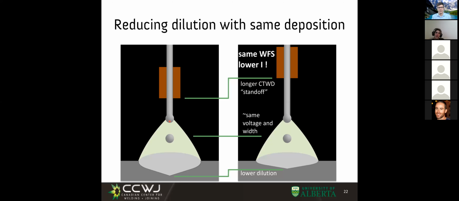Now, if you have a DC machine that is unable to give you the square waveforms for alternating current, first of all, if your machine is DC, you cannot do variable polarity. If you flip the polarity, just make the electrode always negative, the arc tends to be unstable. If you wanted variable polarity in subarc welding, the arc is so big that it's more or less stable.